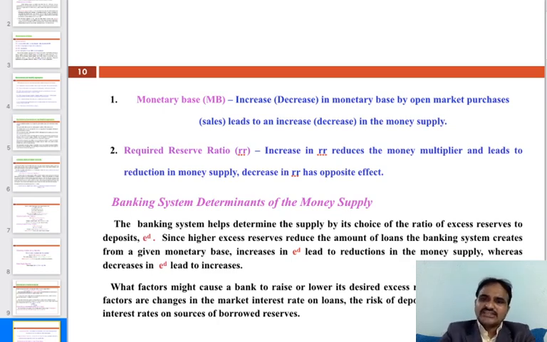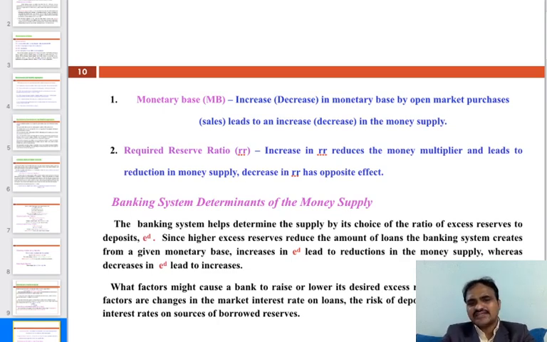So what about the banking system as a determinant of the money supply? The banking system helps to determine the money supply through its choice of the ratio of excess reserves to deposits, ED, that is the excess reserve ratio. Since higher excess reserves reduce the amount of loans the banking system creates from a given monetary base, increasing excess reserves leads to a reduced money supply, whereas decreasing excess reserves leads to an increase.